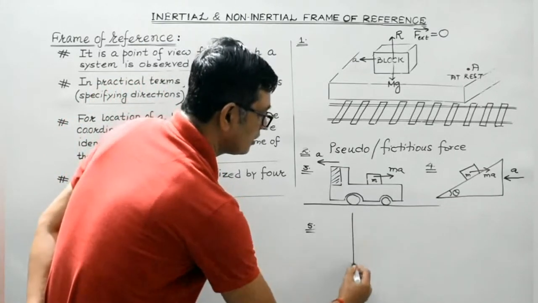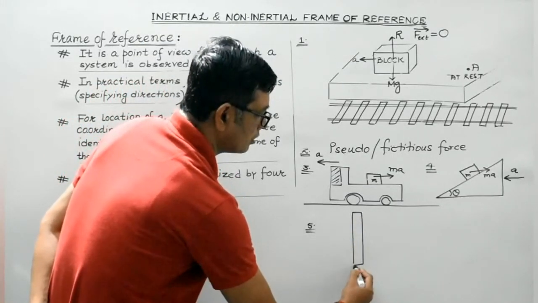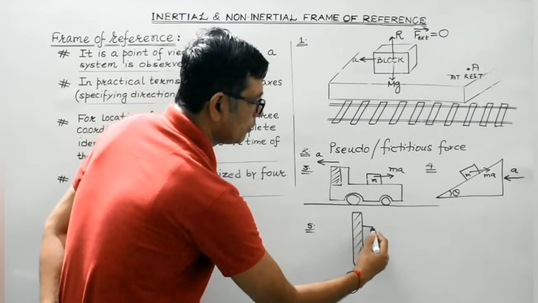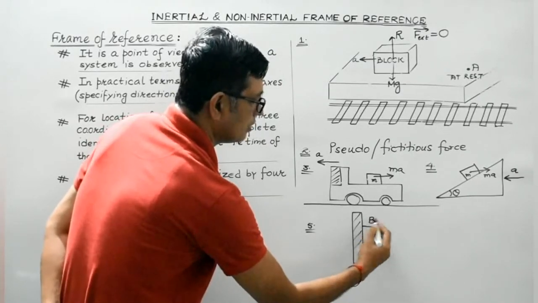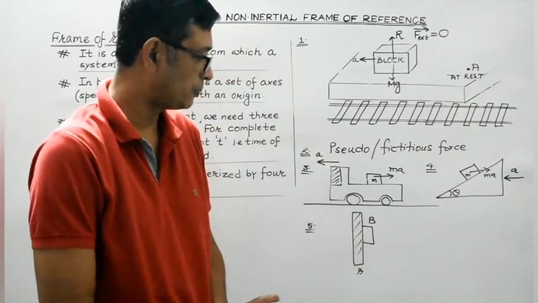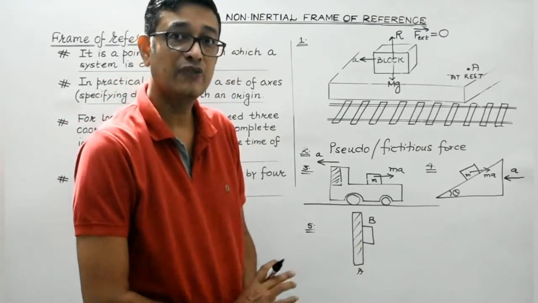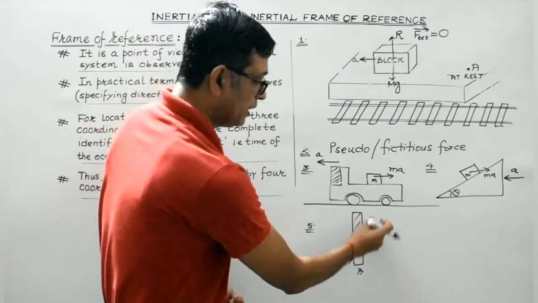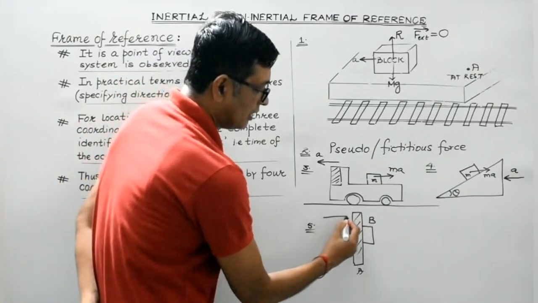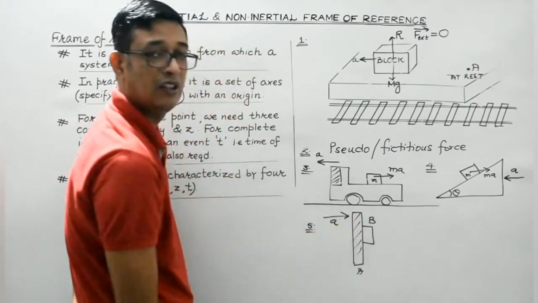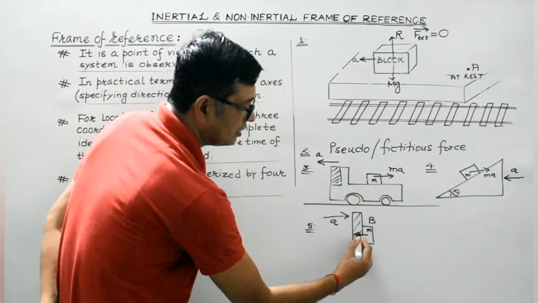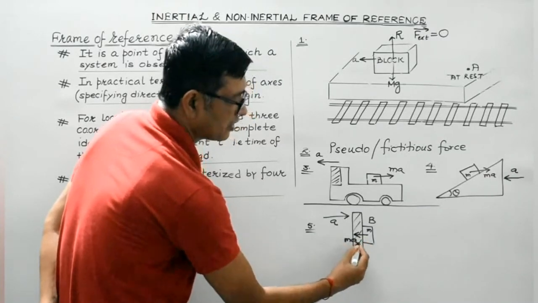Let's consider this to be block A, and let us consider this to be block B. If I intend to keep the position of B with respect to body A fixed, if I want that block B does not slide down, then I must provide an acceleration to the system in this direction, so that the block B of mass m experiences a fictitious force in the opposite direction.